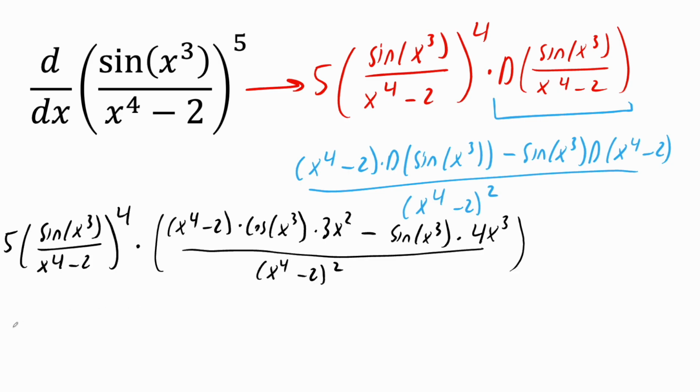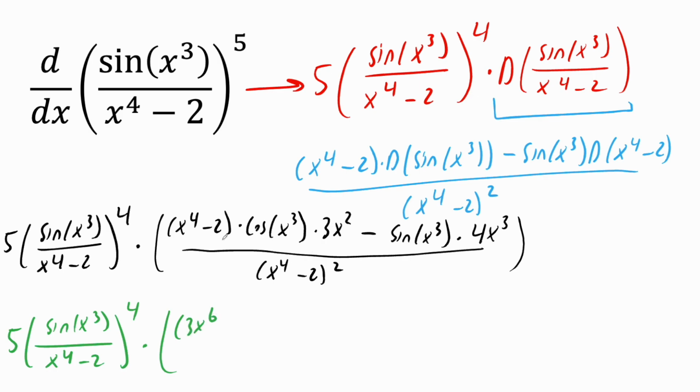And so now we can clean up a little bit. So we have 5 parentheses, this stuff. So we have sine(x raised to 3), close it, divided by x raised to 4 minus 2, close it, raised to 4, times parentheses. We could expand this. So 3x squared times x raised to 4, that's going to give us 3x raised to 6.